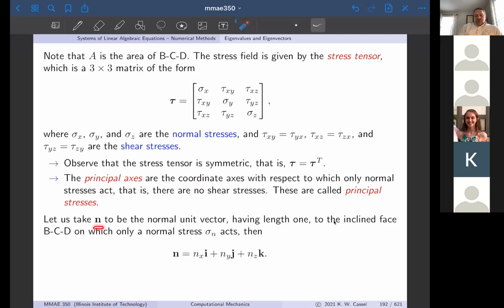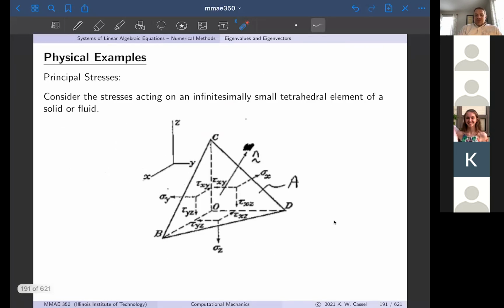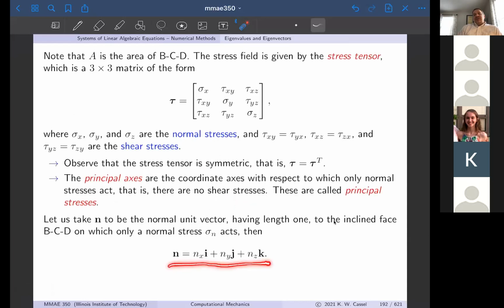So we have the normal unit vector that's on the BCD face. Okay, so we have a normal vector from that oblique face. It has that face that has area A. All right, so the normal vector we can write in XYZ coordinates as n_x i plus n_y j plus n_z k. So i, j and k have their usual meaning.